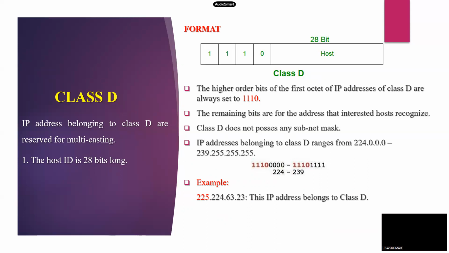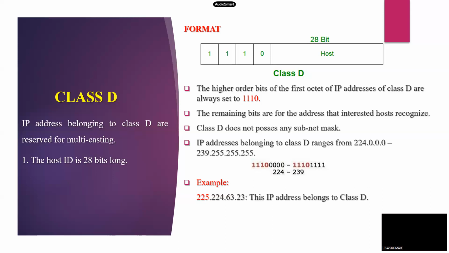Okay, what is the class D starting address? Class C ended with 223, so obviously class D starts with 224 up to 239. I repeat once again, the class A difference is 128, class B is 64, class C is 32. Obviously, the class D difference is 16.